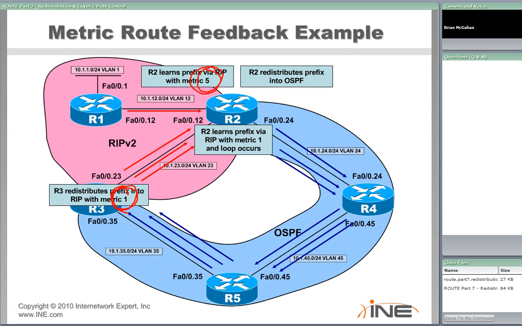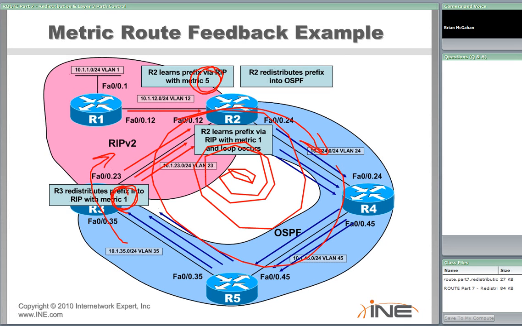Now, when this occurs, it doesn't stop the redistribution into OSPF. So effectively, router 3's route that's going from OSPF into RIP gets fed back into OSPF again and around and around and around. So when we try to actually send traffic to the destination, we'll see that it's going to cause a traffic loop between these 4 neighbors.